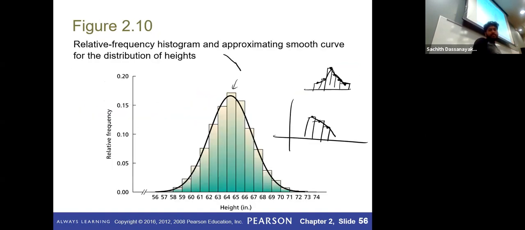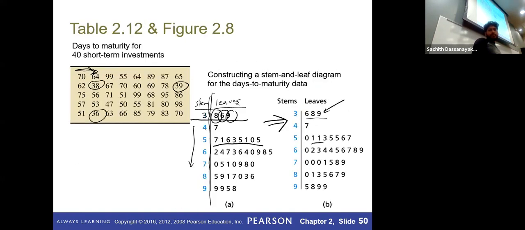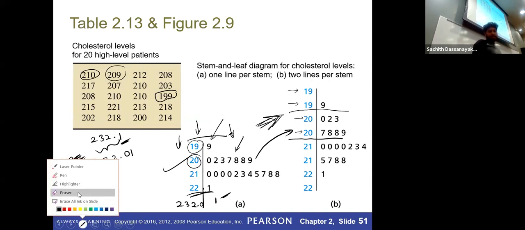Let's check this one. Let me erase whatever I have written here.